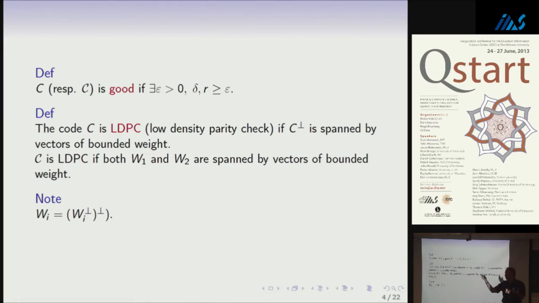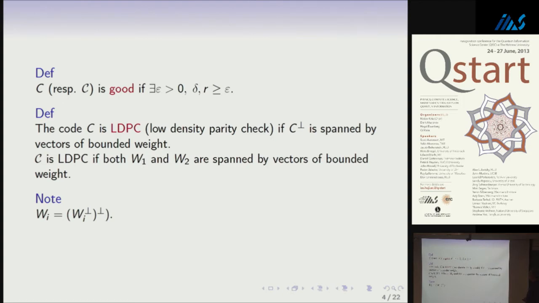If you are getting a set of vectors in the orthogonal perp which spans the perp and of bounded weight, then you have very short equations to check. You check only a bounded number of values from the message, and you see that there are no mistakes.